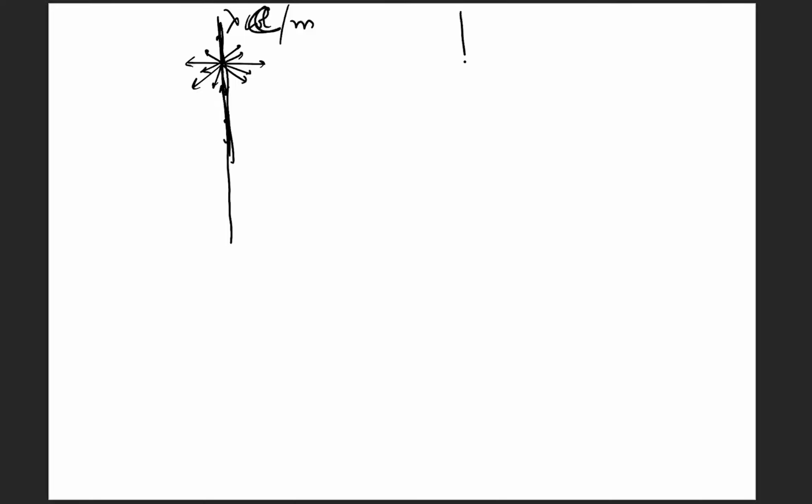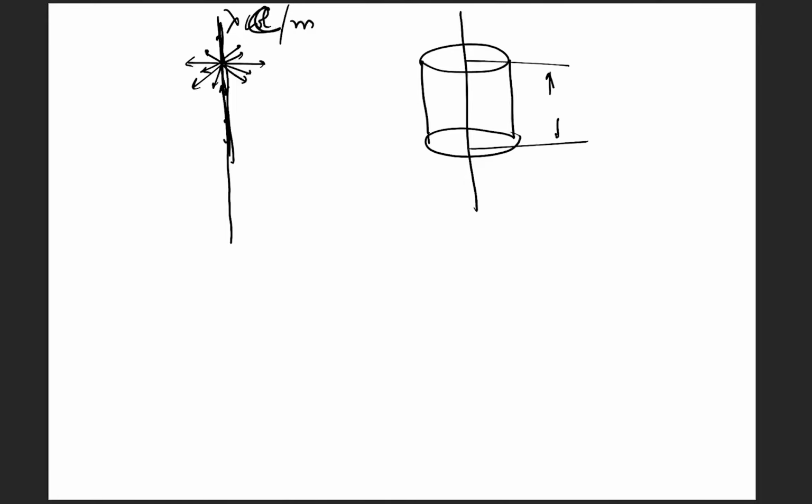So by symmetry, what we will do is draw a cylinder about this line charge. Let us say this cylinder has length delta L and radius R. The total flux through this cylinder will be from this top surface 1, bottom surface 2, and this curved surface 3.